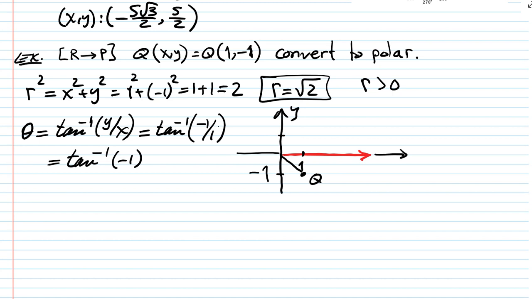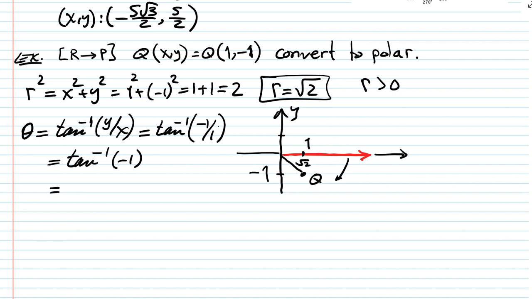R doesn't change, right? R is positive. We take R to be positive. So that's root 2. But the measure of the angle actually is going to be negative. True? This is going to be a negative angle. Now arctan of -1, the tangent of 45 degrees is 1.